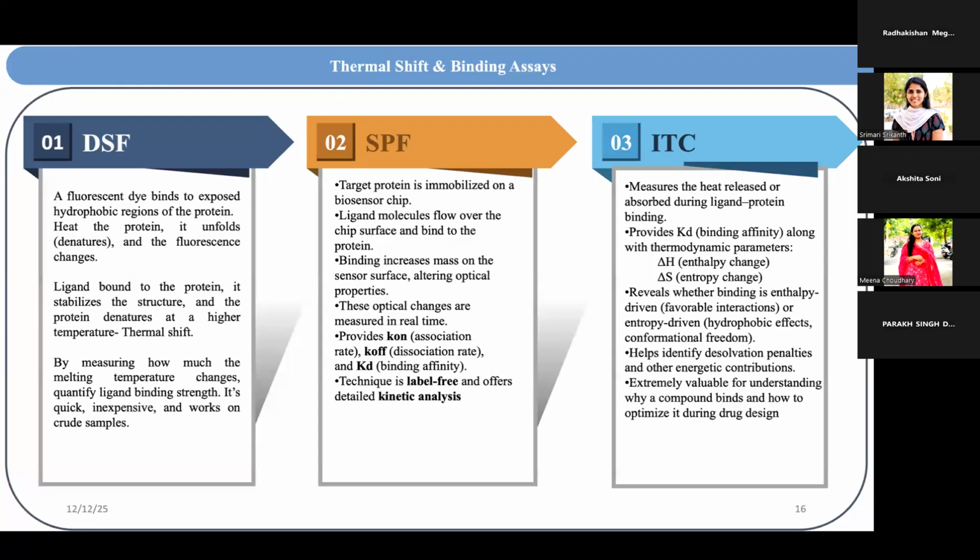This gives the nature of binding, whether it is driven by favorable interactions or by entropy. These three techniques give us a measure of target and compound engagement. So we can have proof that our molecule actually binds to the protein or the target we think, and it is used in the validation stages.